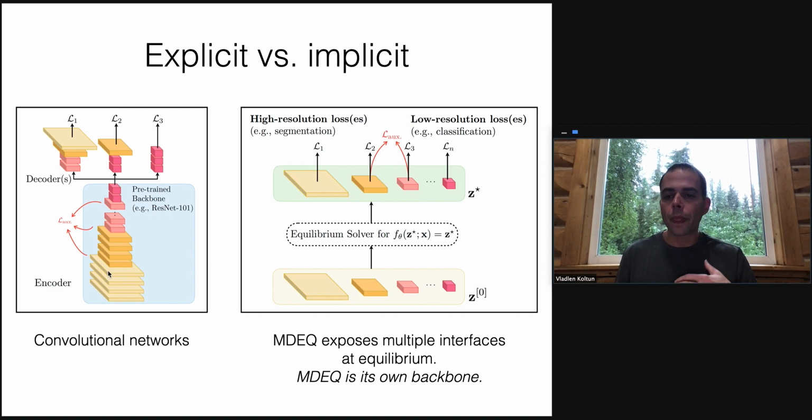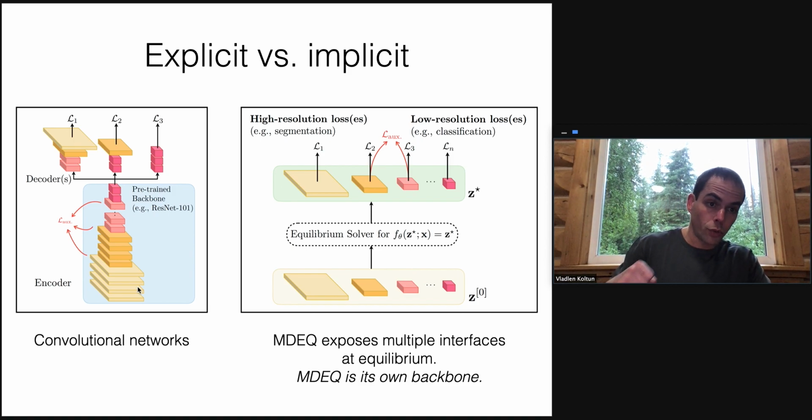For example, if we train a convolutional network on ImageNet classification and then transfer it to a dense prediction task like semantic segmentation on the Cityscapes data set, we would take the encoder from ImageNet classification, which is a residual backbone, and we would keep the backbone and attach maybe a decoder to it, and then train this whole thing, which now has a different structure because of the decoder. We train the whole thing on semantic segmentation.